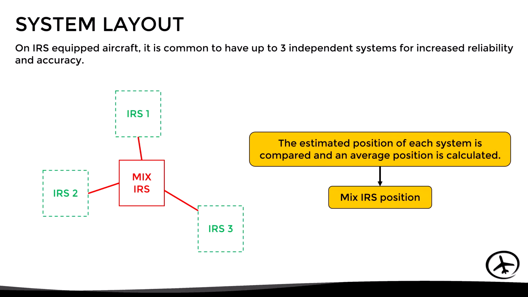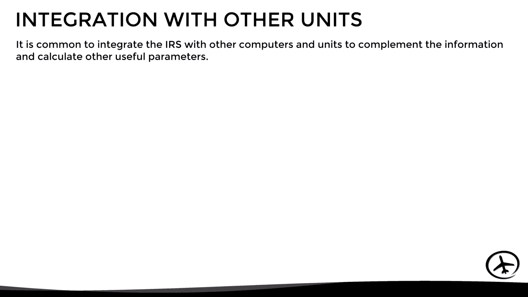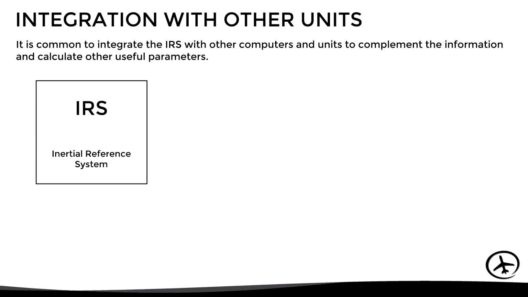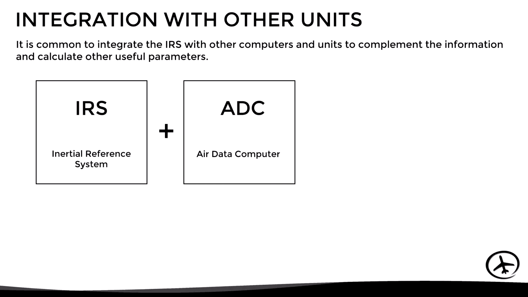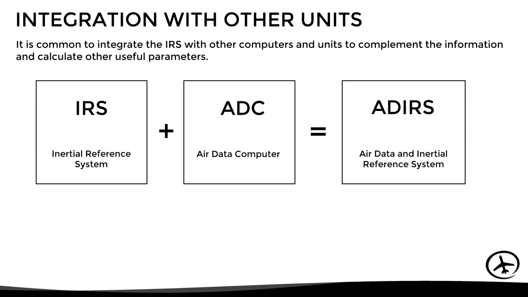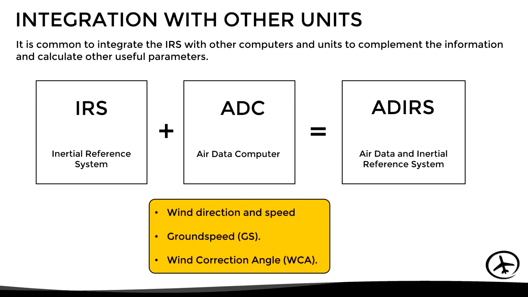Now, as with other computers, it is common to integrate the IRS with other units to complement the information and calculate other useful parameters. For example, the IRS can be integrated with an air data computer to obtain the air data and inertial reference system, which is abbreviated as ADIRS. This allows to calculate parameters such as the wind direction and speed, the ground speed, and the wind correction angle.